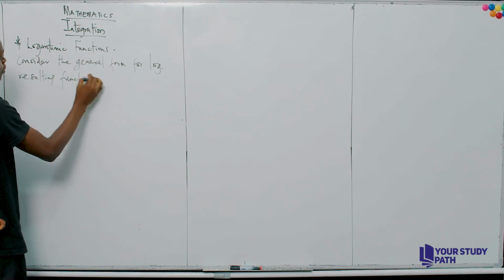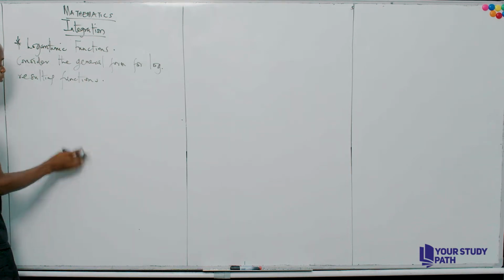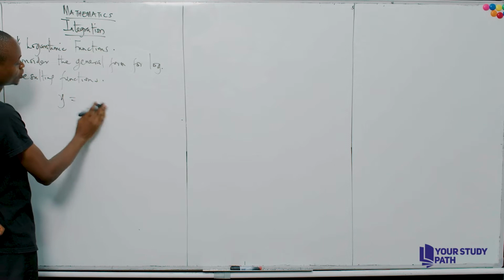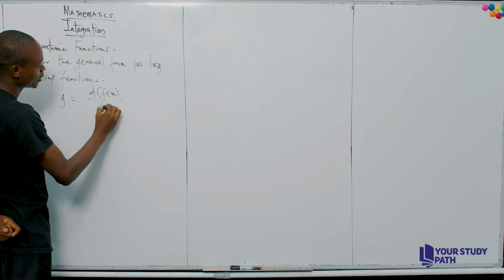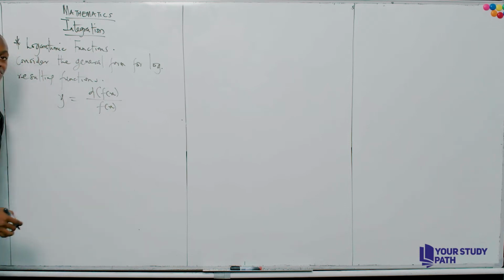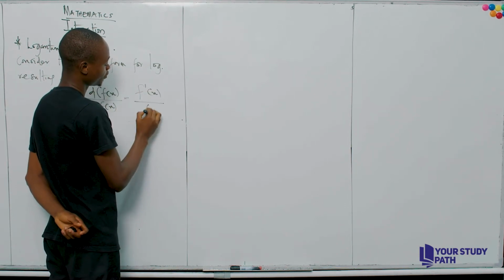So functions that will result in a log form look usually in this form. Y will be equal to the differential of f of x divided by f of x, or f prime of x divided by f of x.